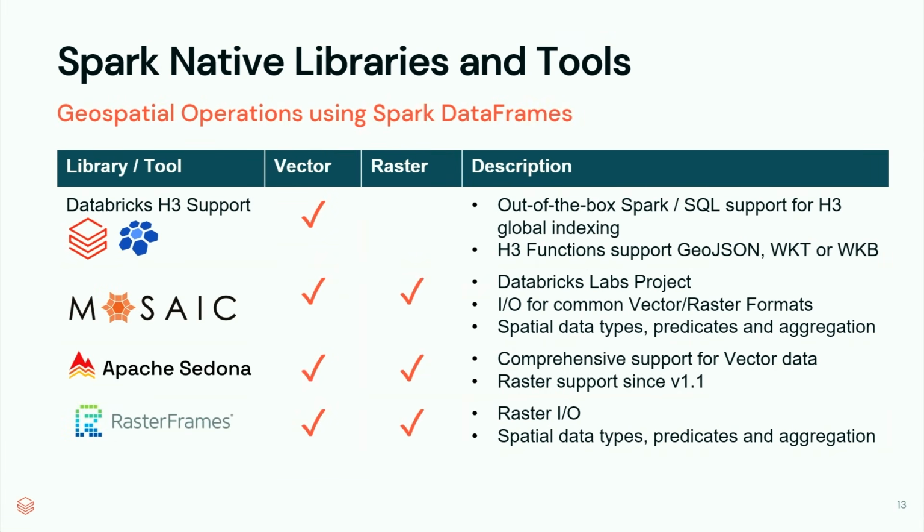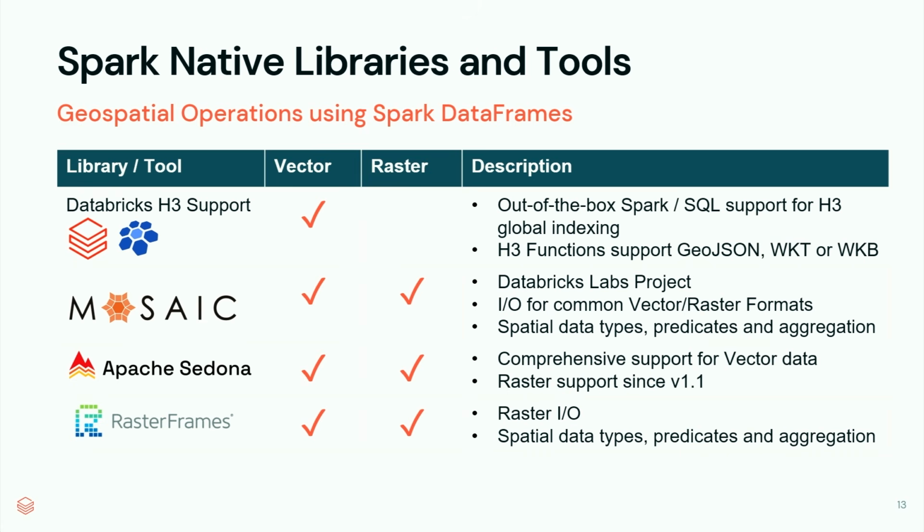And then when it comes to making that distributed, bringing Spark to bear, a couple of things we use there. We use the built-in H3 support within Databricks, which was mentioned in some of the talks earlier in the week. This allows us to do efficient indexing completely out of the box with Databricks.